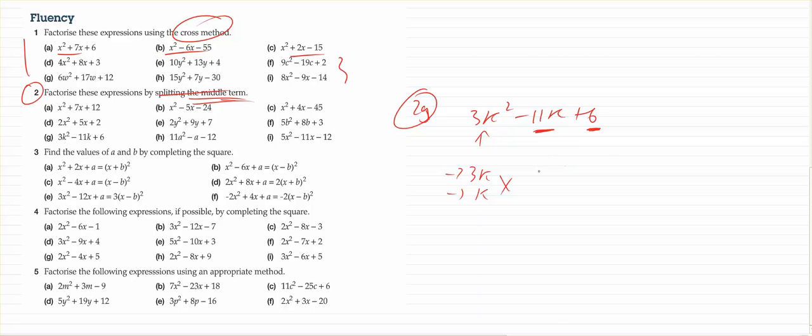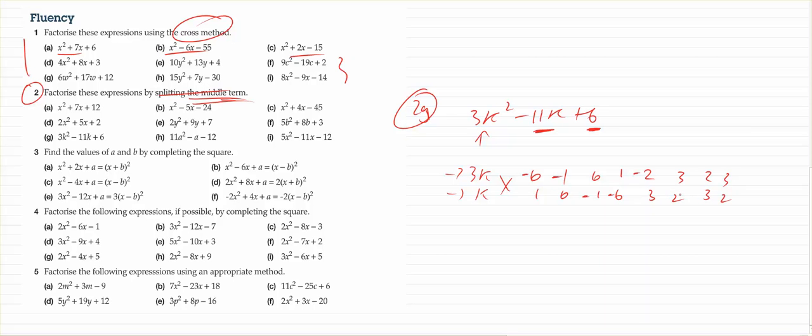So we can have 6, 1, 1, 6, and we can have negatives here. Then 2, 3, 3, 2, and we can have negatives here.